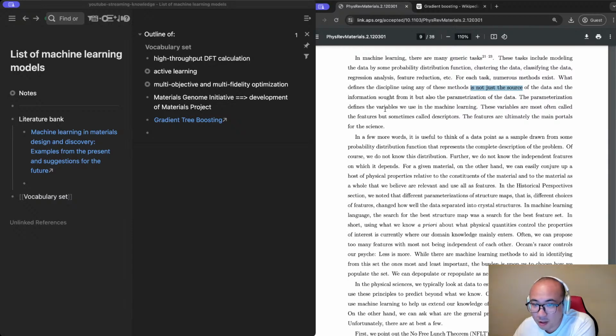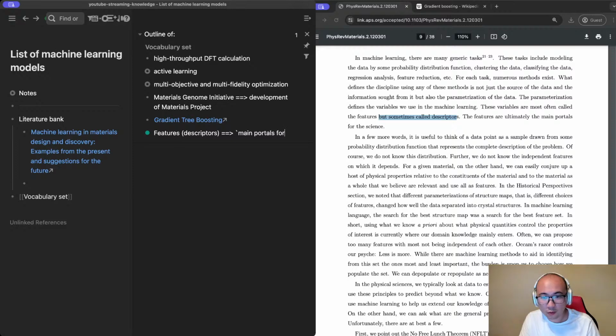The parameterization defines the variables we use in the machine learning, called the features, sometimes called descriptors. The features are ultimately the main portals for the science.